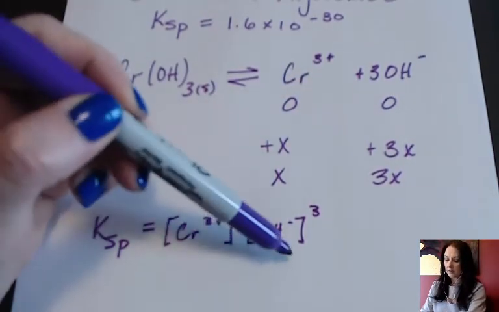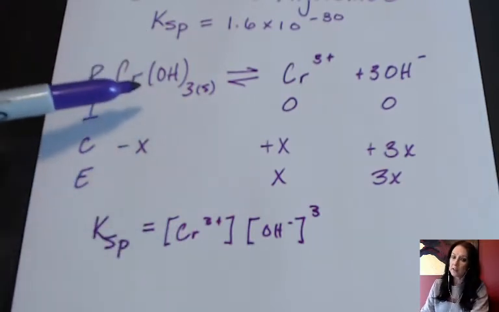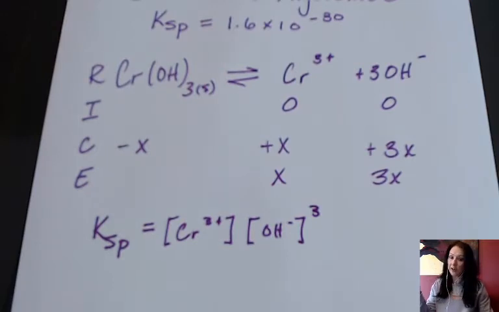I would normally be dividing by reactants here, but my reactants are solids and liquids, chromium 3 hydroxide solid and water. And we know that we don't include solids and liquids in K expressions. So my KSP is very simply the concentration of my two products, and that's it.